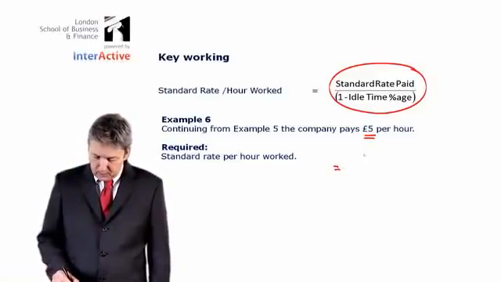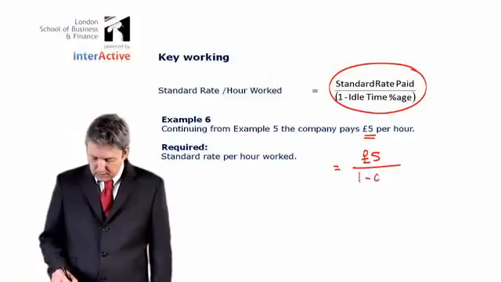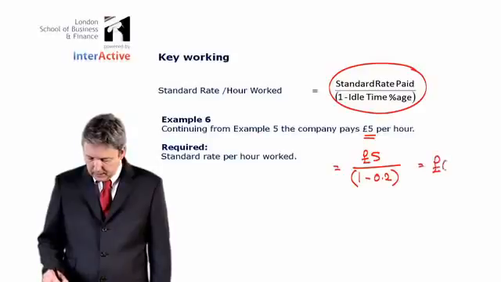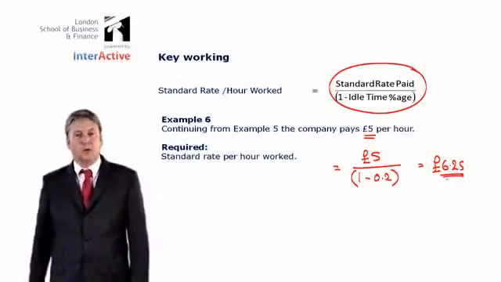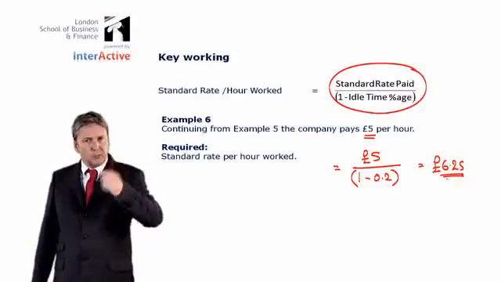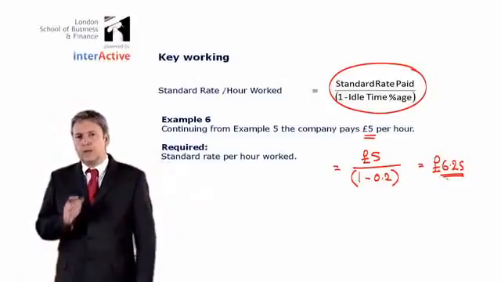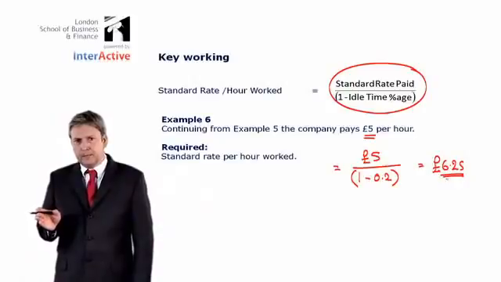The standard rate paid, we said, was £5. 1 minus 0.2 is 0.8, and hopefully that comes to 6.25, the standard rate per hour worked. So, we're going to make a distinction between the rate per hour worked and the rate per hour paid.